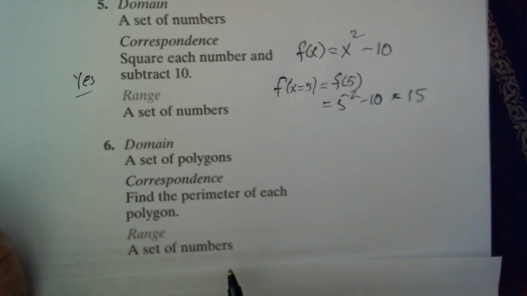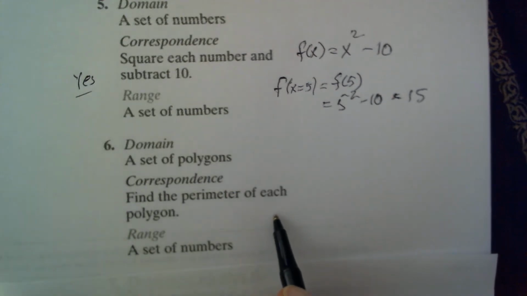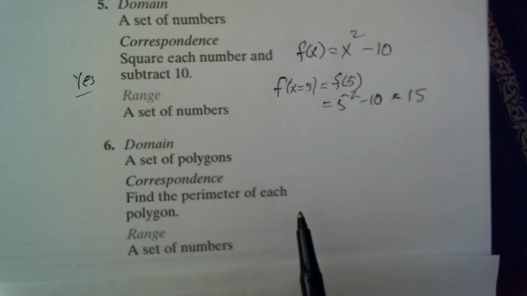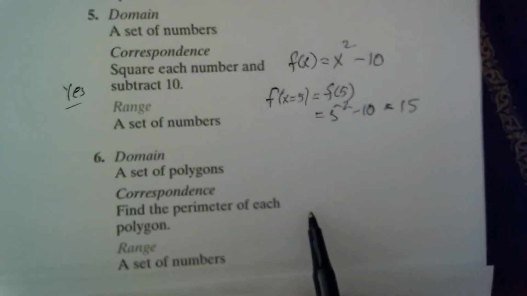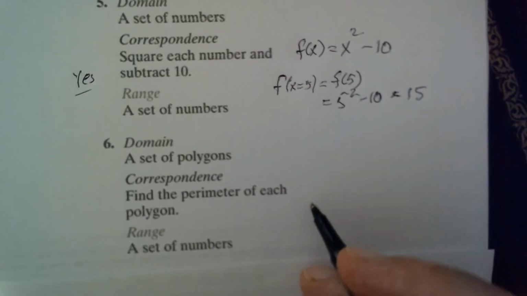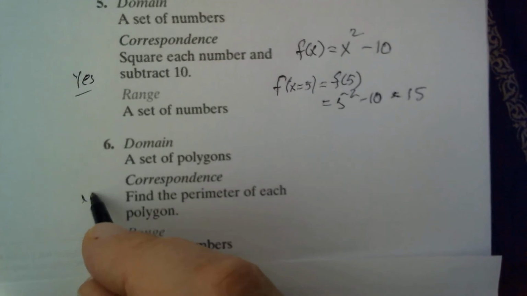Well, any polygon has a perimeter, and it can only have one perimeter, so that would be a function. Now the same perimeter may show up again, but for a given polygon in that set of polygons, there's only one perimeter per polygon. So that is a function also.